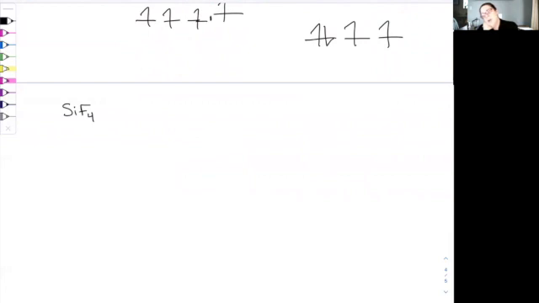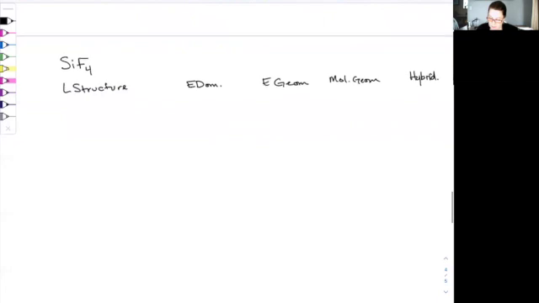So we want to figure out the Lewis structure, and then we're going to do the electron domains, the electron geometry, the molecular geometry, and the hybridization. Okay. So we'll do this for a couple of them.